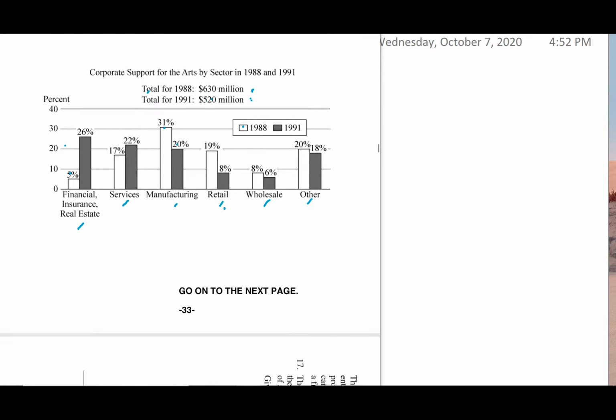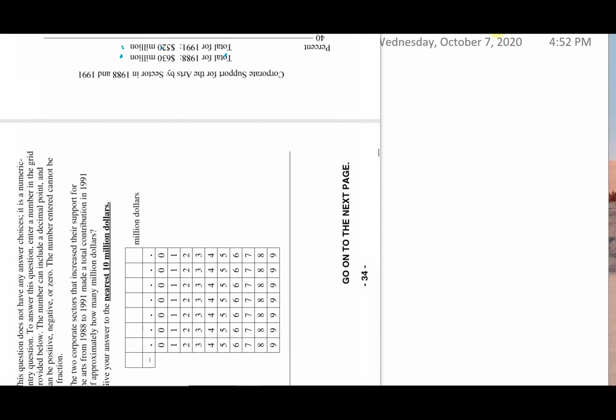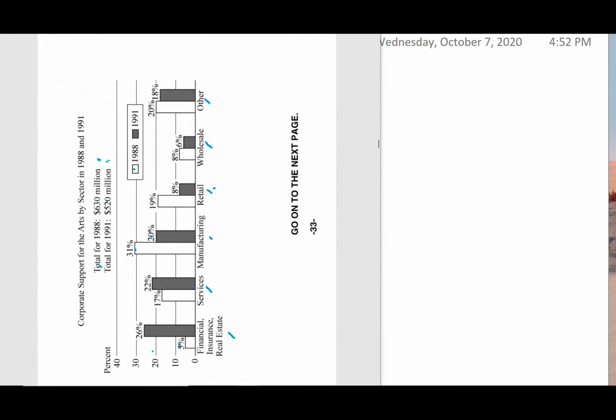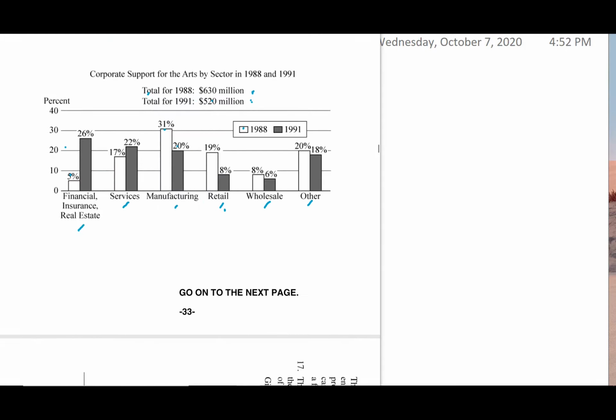For the first problem, it states the 2 corporate sectors that, here's the key word, increase their support for the arts from 1988 to 1991 made a total contribution in 1991 of about how many $1 million. So what we need to do here is find out which sectors increase their support. So it has to be trending upward.